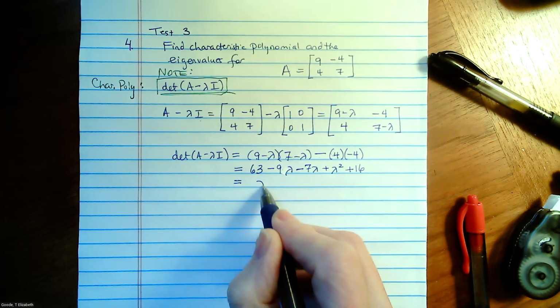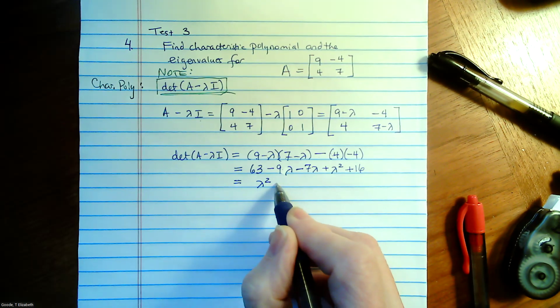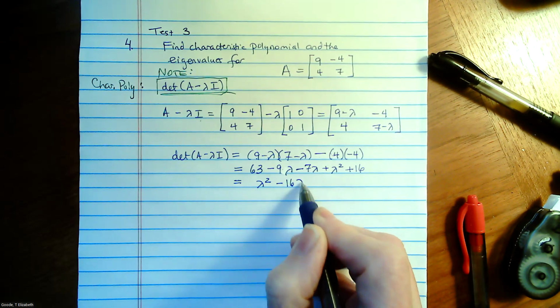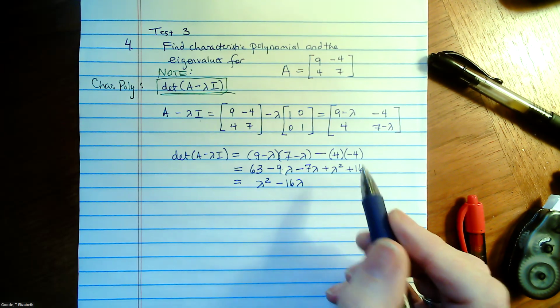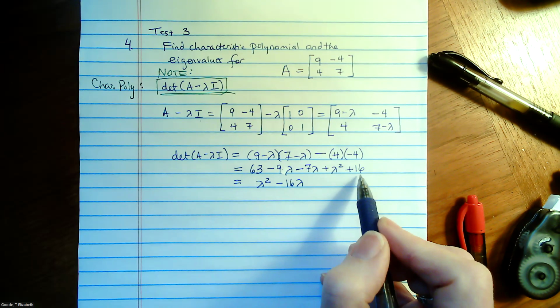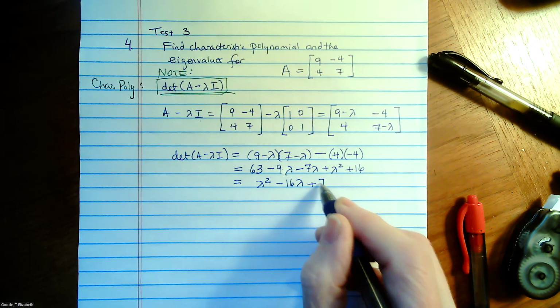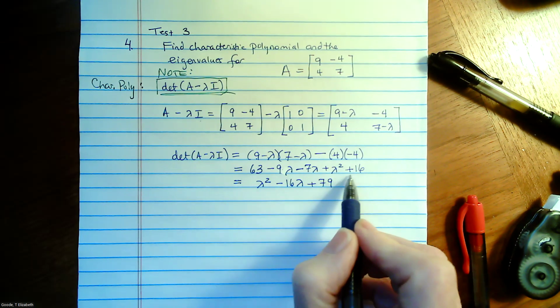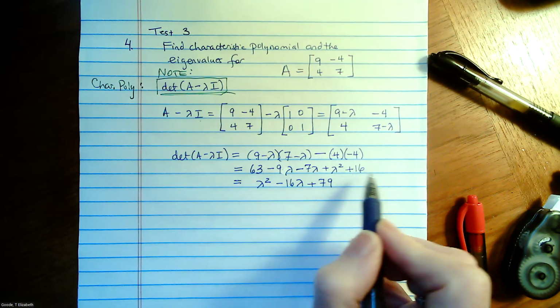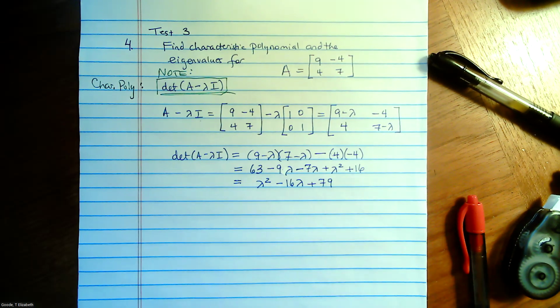So lambda squared, and then 63 plus 10 is 73, and then plus 6 more is 79. Okay, so we have to use the quadratic formula.